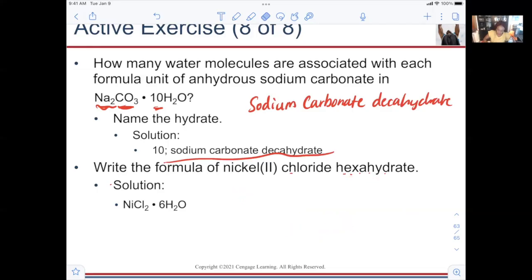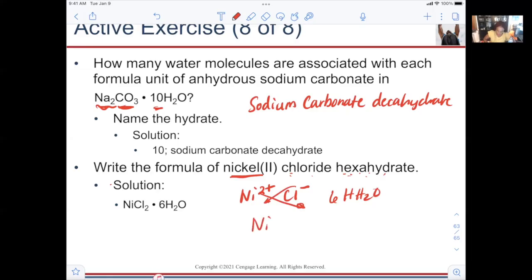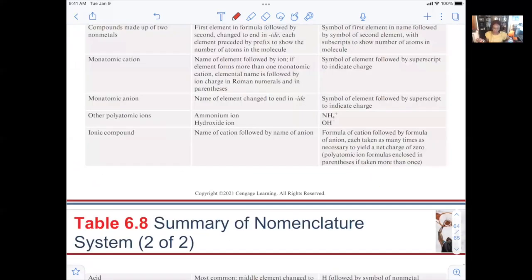This one down here, oh, you're writing the formula. So nickel 2 plus, chloride, Cl minus, hexahydrate, 6 waters. So crisscross this, you have NiCl2.6H2O. Okay. And that essentially completes the chapter.